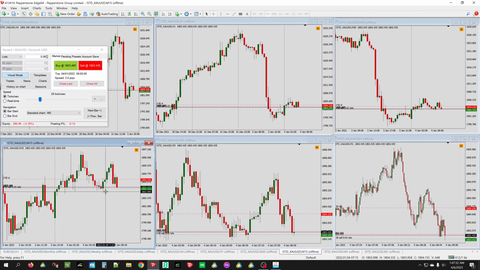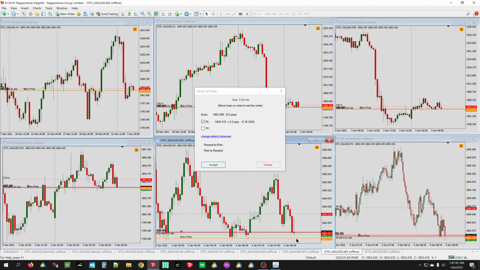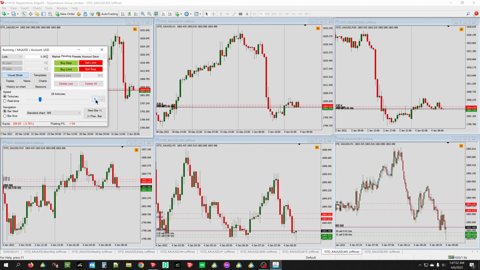Actually, it is an A grade setup, but there are wicks to the left and the volume is not as expected, so I will just execute a B grade setup. And yeah, let's let it move.